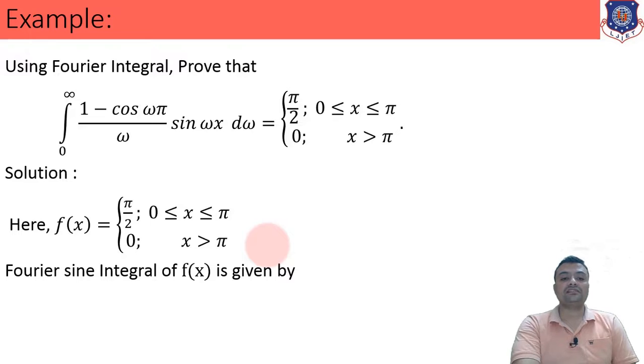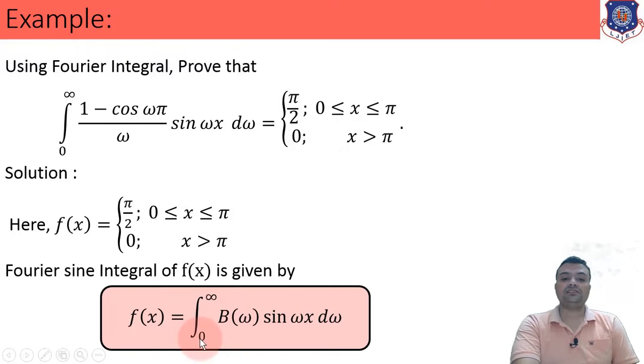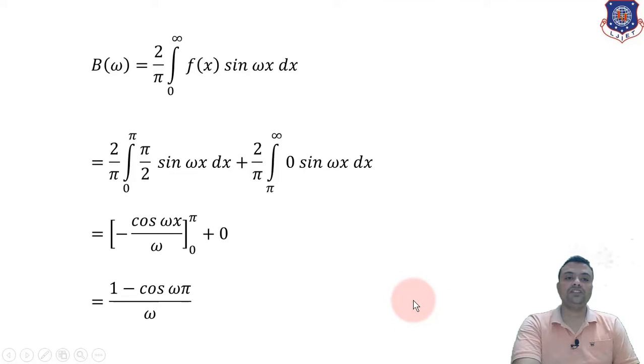So the Fourier sine integral of this function is given by f of x equals the integral from 0 to infinity of B(omega) sine omega x d omega. The formula for B(omega) will be 2 by pi times the integral from 0 to infinity of f of x sine omega x dx.